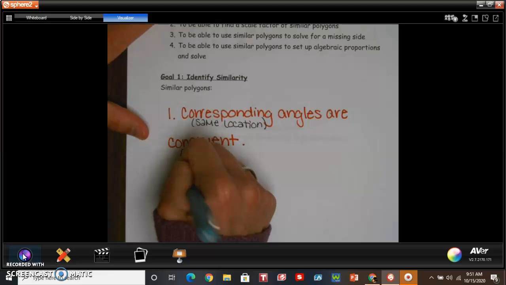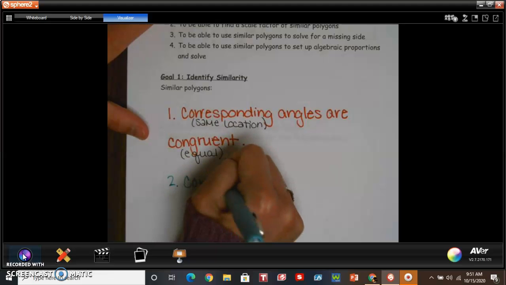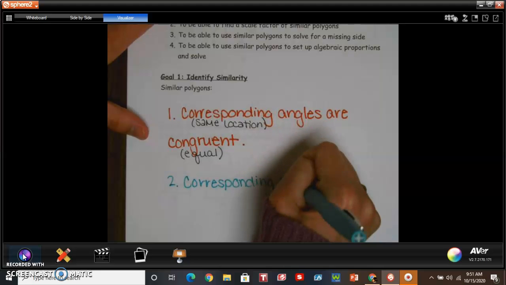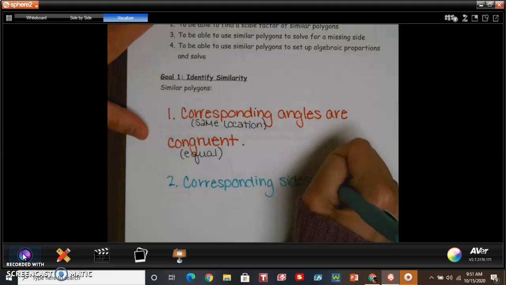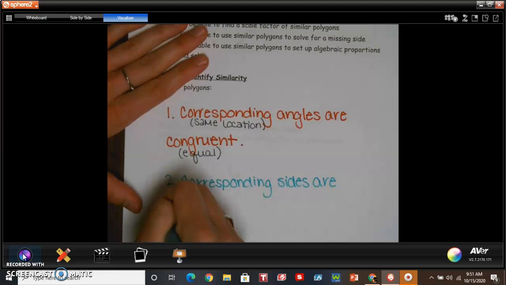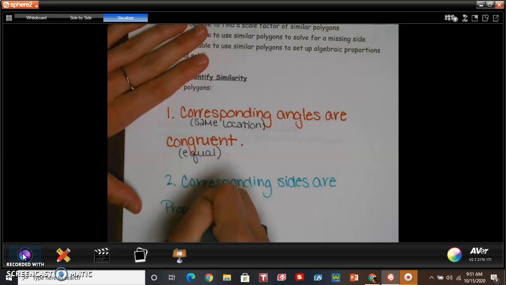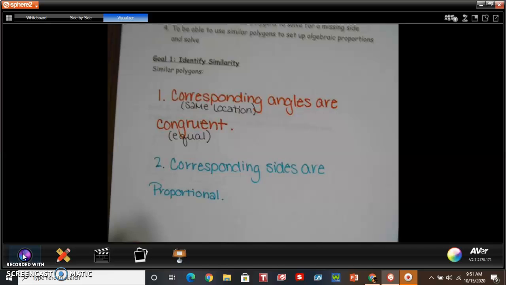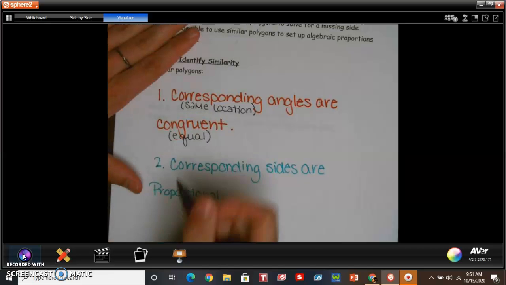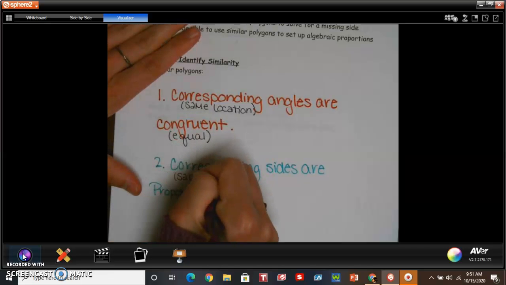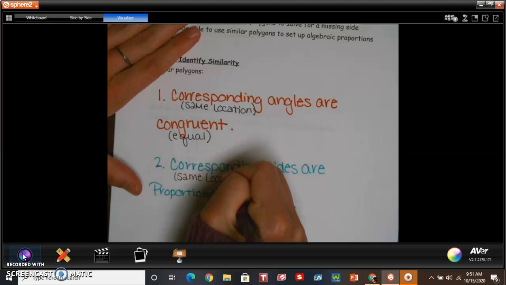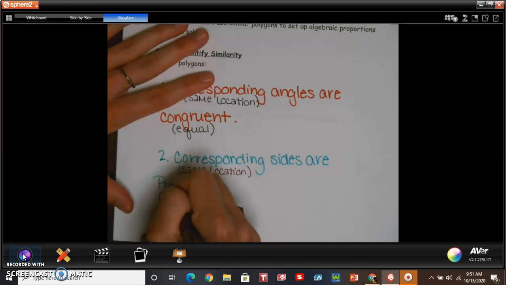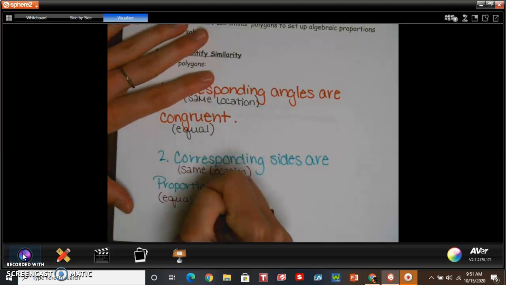All right? The second thing that's going to happen when we're dealing with similar polygons, and the new thing, is going to be corresponding sides are proportional. Okay, so remember, corresponding means same location, and proportional means equal ratios.